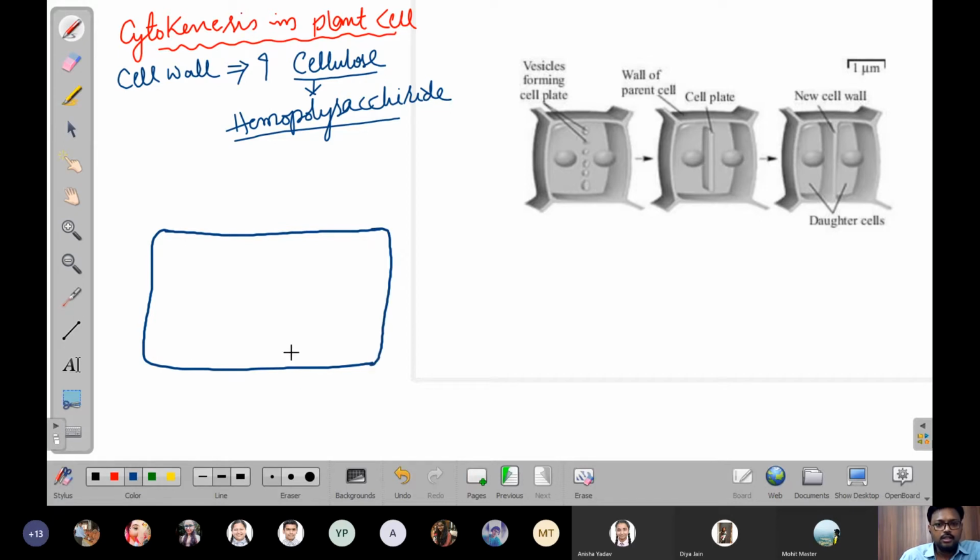Now each cell has a plasma membrane and, what we can say, the cell wall. Now I am just drawing the plasma membrane.